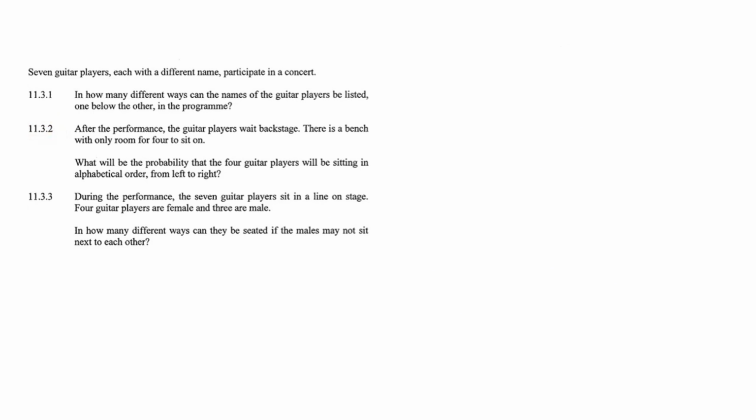11.3.2. After the performance, the guitar players wait backstage. There is a bench with only room for 4 to sit on. What will be the probability that the 4 guitar players will be sitting in alphabetical order from left to right? So for this question, we have a bench with 4 seats, and in the first seat we can have 7 different people.